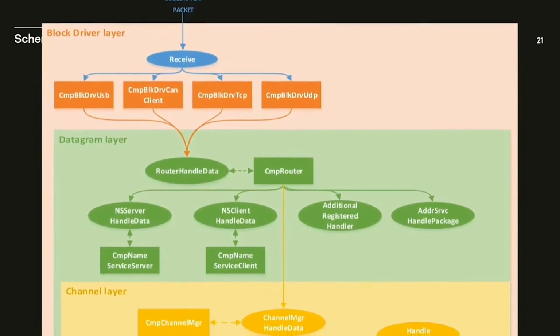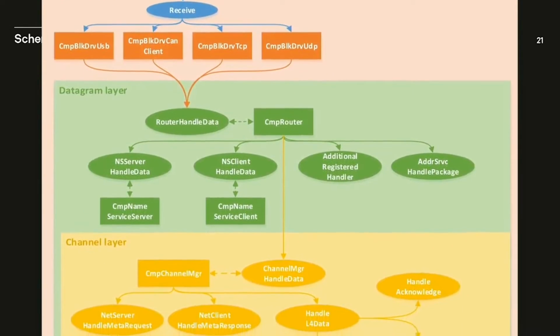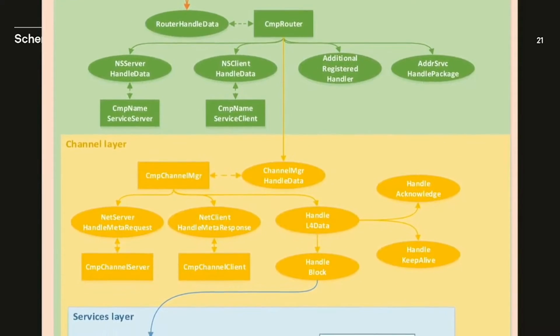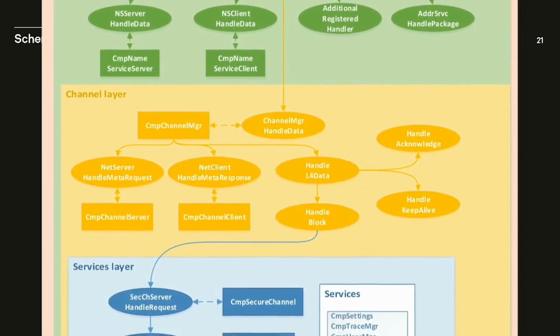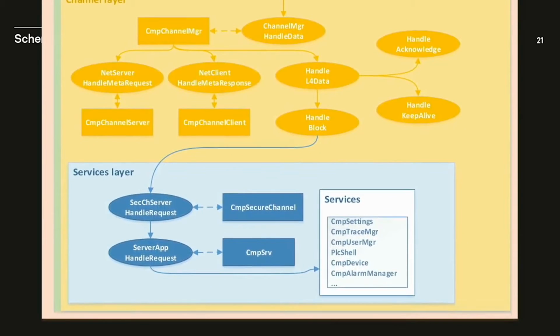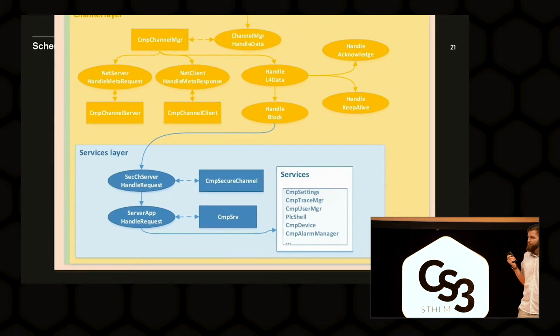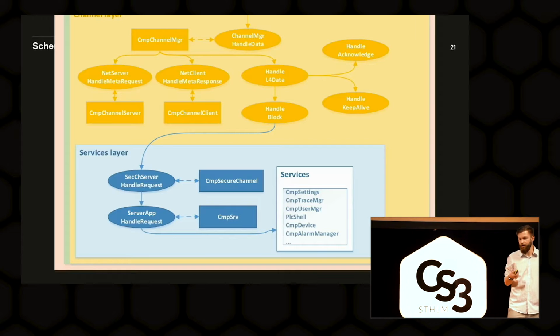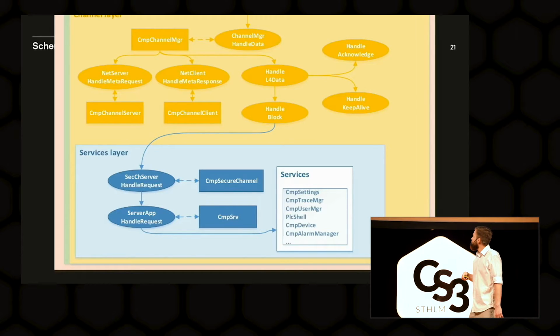The next layer is the channel layer. It is tasked to create synchronization in communication, check the integrity of communication, and transmit the remaining data to the last layer. The last layer is called the services layer. Its task is querying the specific service in this packet. Also, it is used to encode, decode, decrypt, encrypt, and this kind of stuff.